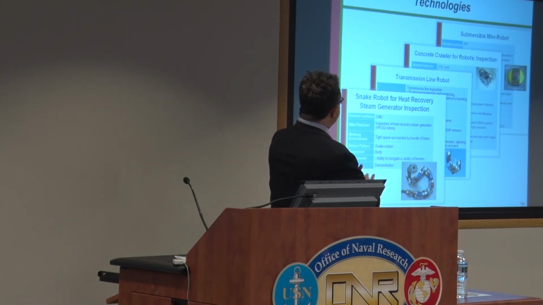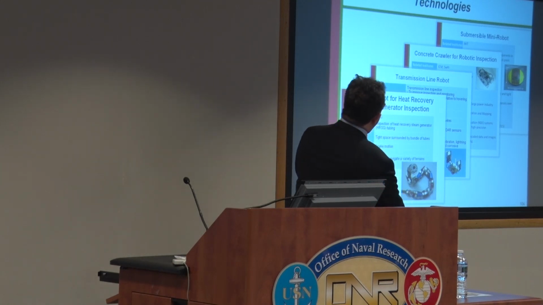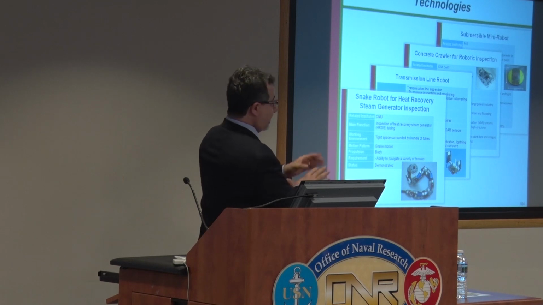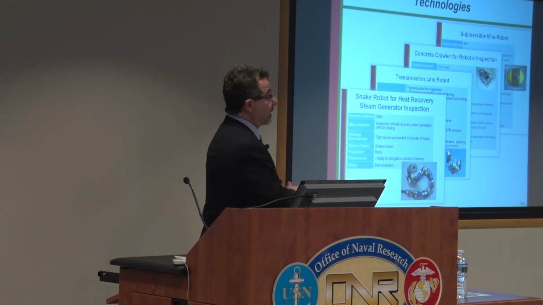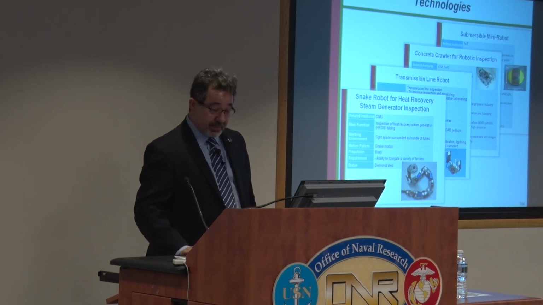You could use a snake robot for, for example, steam generator applications, as well as very narrow areas, as well as nuclear reactors and so on and so forth. Transmission line robot, or concrete crawler for the hydro dams, and again, the submersible robot for dams, right?